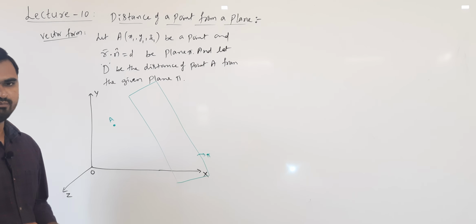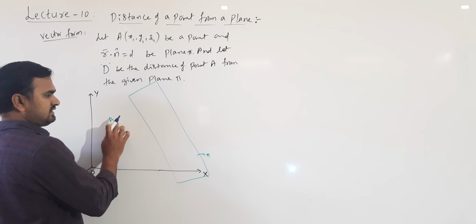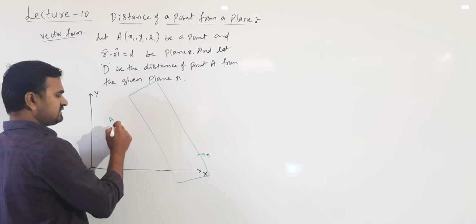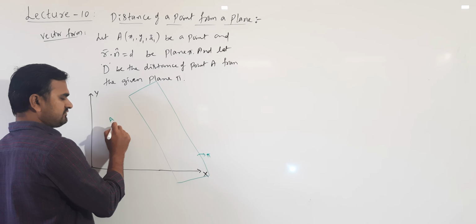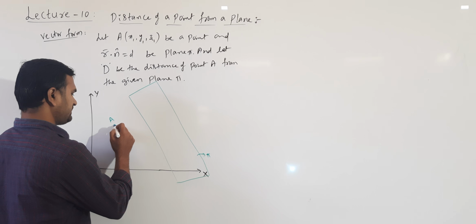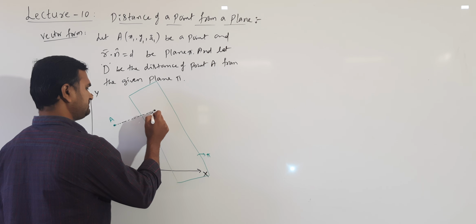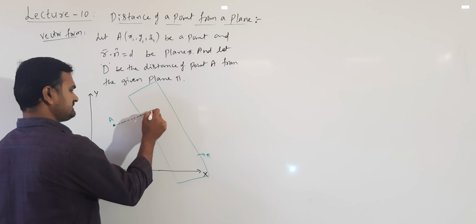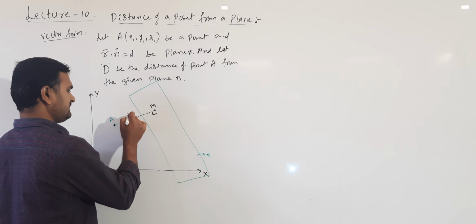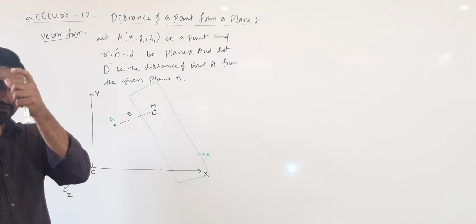Now the distance of point A from the plane means we draw a perpendicular from A onto this plane. Let us draw the perpendicular from the given point onto this plane. Now suppose this is M. The distance AM is nothing but the required distance D.